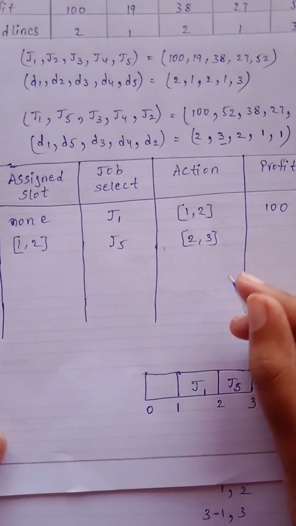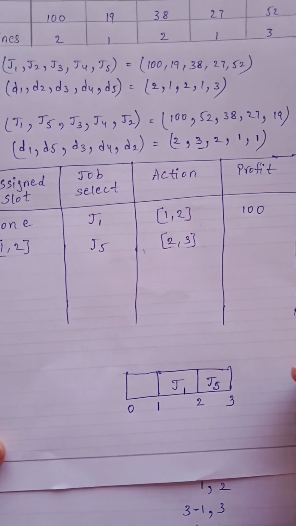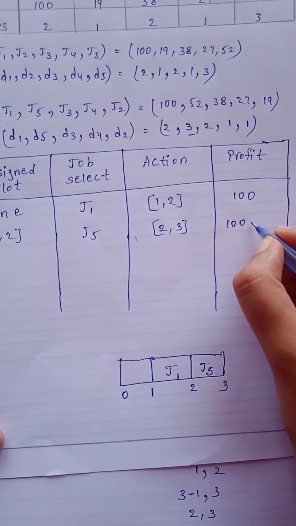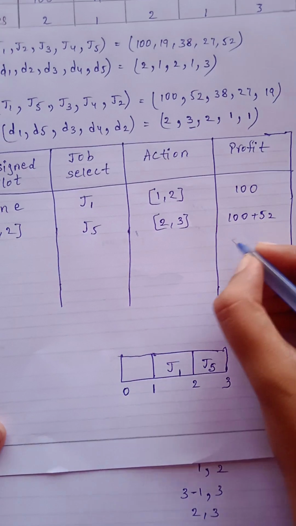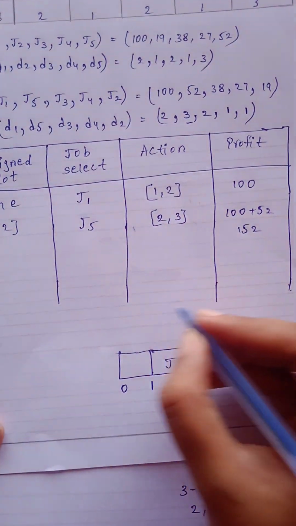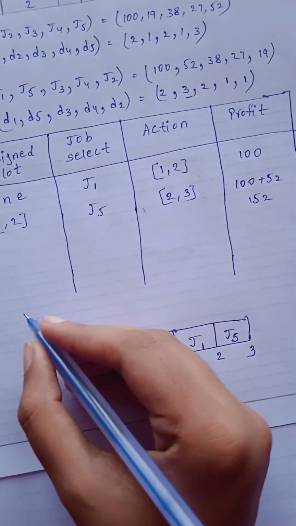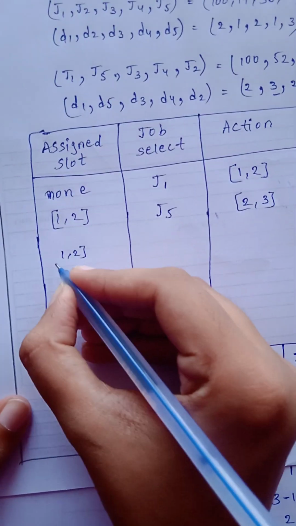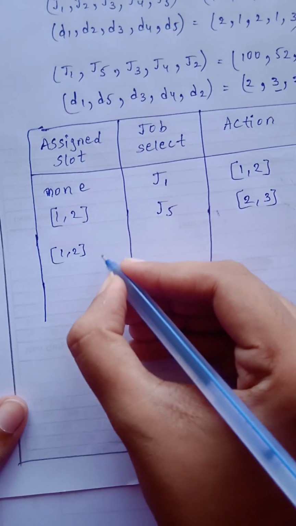Here the profit is 52. Already we have a profit of 100, so 100 plus 52 means 152. The assigned slots are 1 comma 2 as well as 2 comma 3.